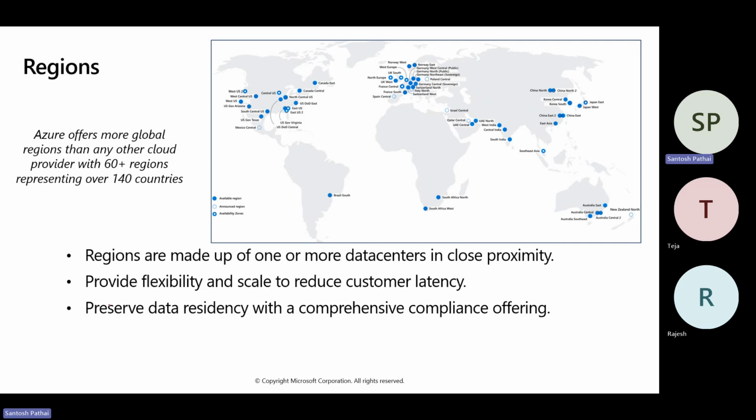A region is basically a location, or a combination of multiple data centers located in close proximity. For example, let's say we have a region called South India, or a region called Chennai.